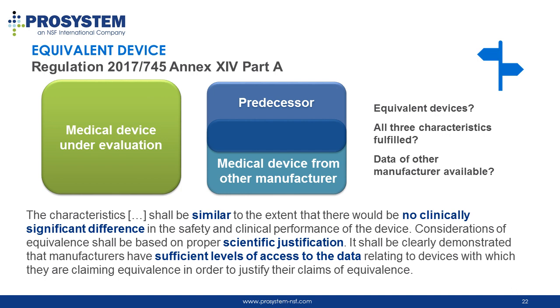Considerations of equivalence also have to be based on proper scientific justification. Last but not least, the manufacturer should have sufficient level of access to the data related to the devices with which they are claiming equivalence. For that, a document showing an agreement between the manufacturers might have to be prepared.